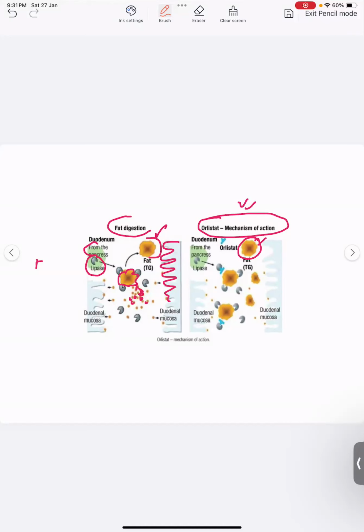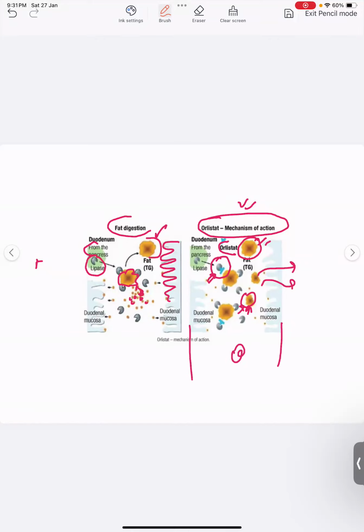If I have eaten fat but I have also taken orlistat, what is orlistat going to do? It is going to bind your lipase. When it binds your lipase, there will be no degradation of the fat. It will not be broken down, and it will not be absorbed in the intestine.